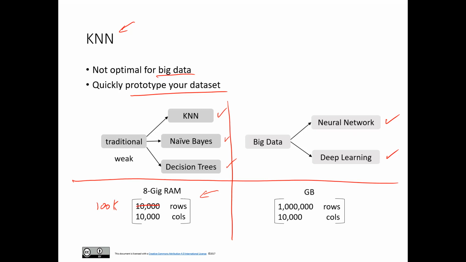Obviously, when we're talking about big data, you mean more than 1 million rows or samples, 10,000 columns or so. So we're talking about much bigger things. Just keep that in mind. KNN, therefore, is a type of traditional machine learning algorithm.